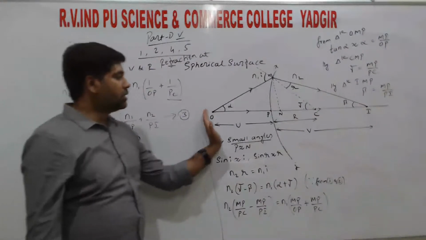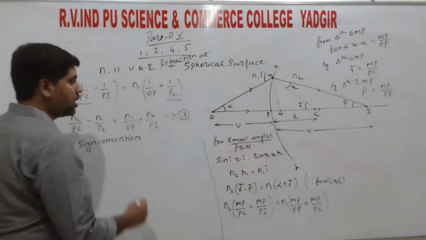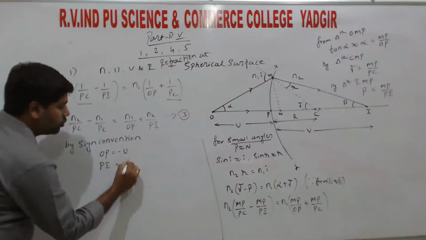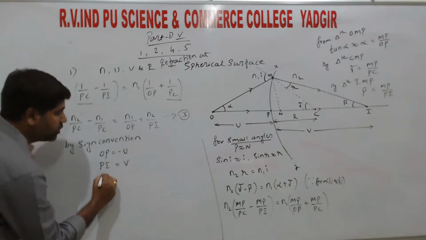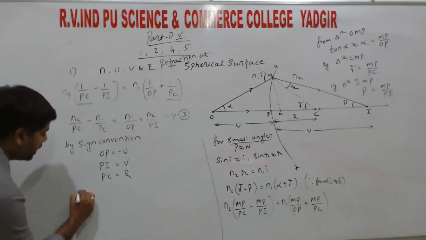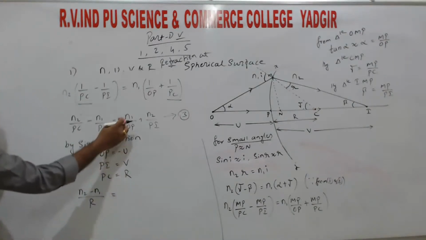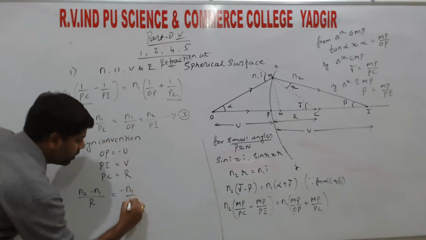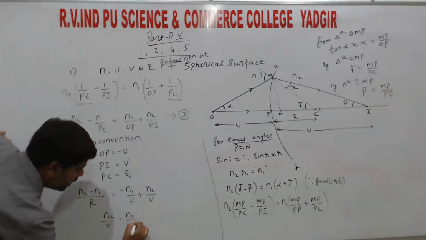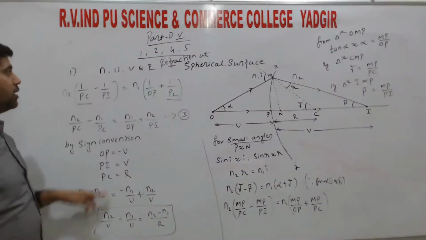All distances are measured from the pole. Since we measure opposite to the incident ray, OP equals minus u, PI equals plus v in the direction of the ray, and PC equals plus R. Substituting these values in equation 3: n2 minus n1 divided by PC, that is R, equals n1 by OP, and OP is minus u, so minus n1 by u plus n2 by v. Rearranging, n2 by v minus n1 by u equals n2 minus n1 by R. So this is the relation between n, u, v and R.